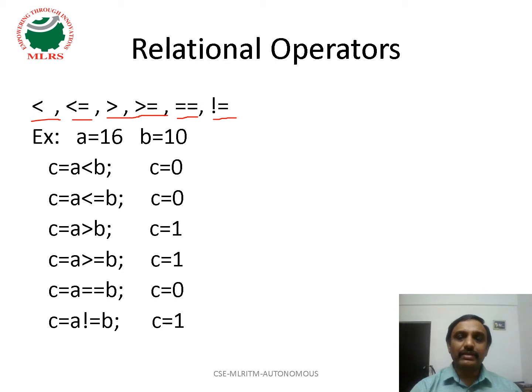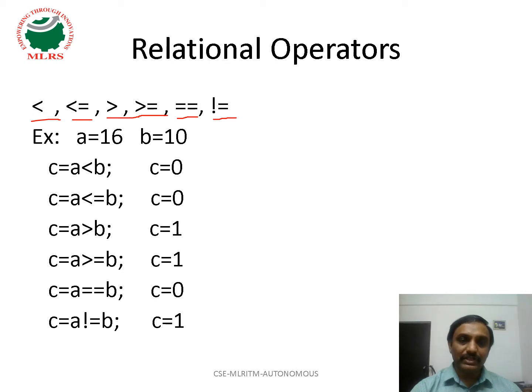These relational operators are used to compare different values. And these relational operators give their result as either 0 or 1. If the comparison is correct, then the result is 1. If the comparison is false, then the result is 0.